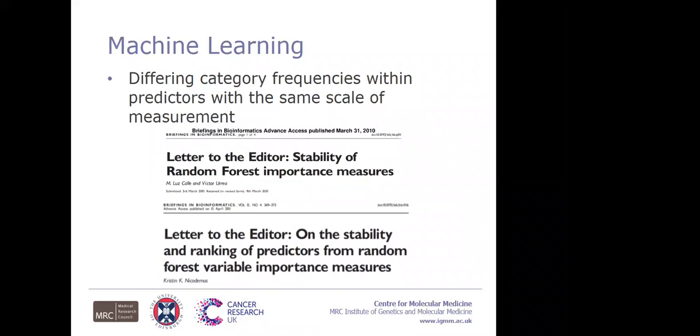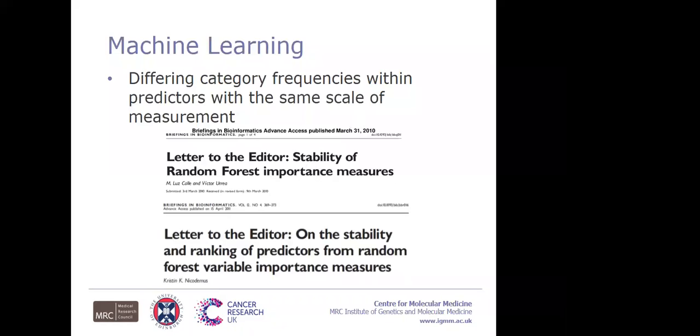Okay, so going back to the first study by Carolin Strobl et al., she had shown that variables with different scales of measurement result in spurious results for the Gini index-based variable importance measure. This paper here that was published in Briefings in Bioinformatics said that, well, if we have SNP data, we don't have different numbers of categories, right?